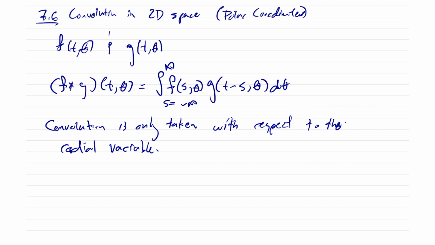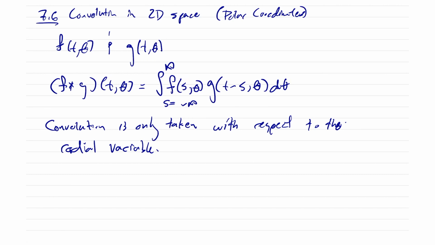The reason why this is what we're doing is because we saw through the filtered back projection that we basically fix theta whenever we talk about the Fourier transform. So we end up fixing theta, and then we just run over the radius for each one of those.